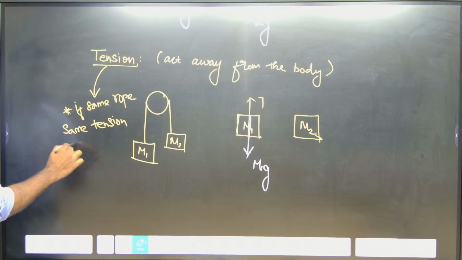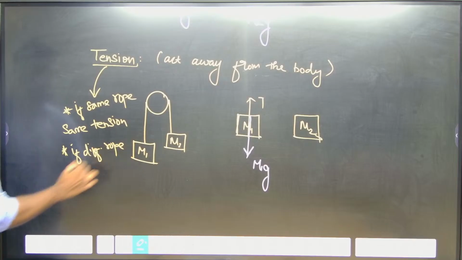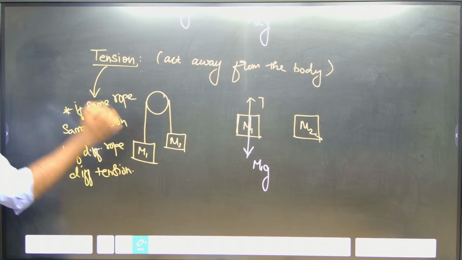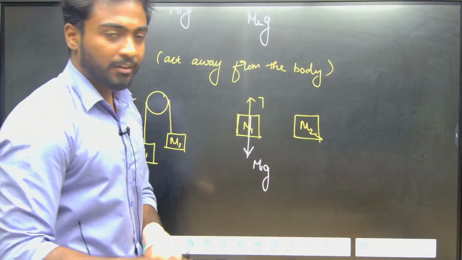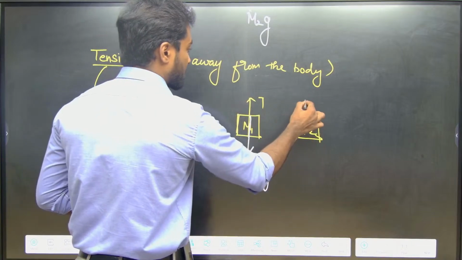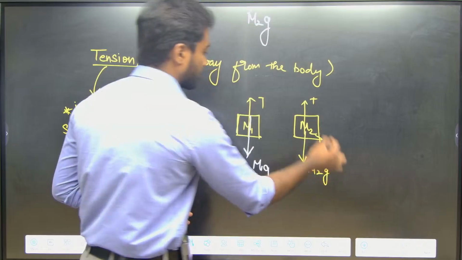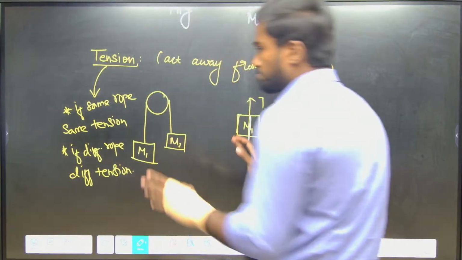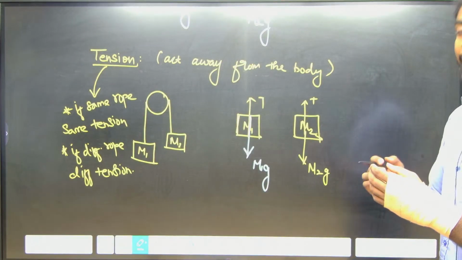If different rope, different tension. Got it? Same rope, same tension, different rope, different tension. So this is my tension T and this is my m2g. Got it? This is as simple as that. If you understand the concept, it will be easy.